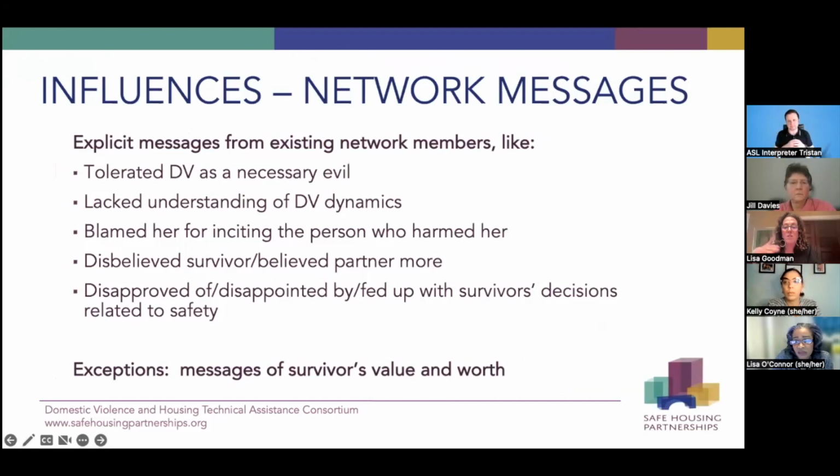A lot of survivors talked about, even if there was someone in their life, sometimes they didn't feel like they could reach out to that person because of various messages they received from their networks, like domestic violence is a necessary evil, the network lacking understanding of domestic violence dynamics, blaming them for inciting or provoking the violence themselves, as I mentioned, disbelieving them, or just being disapproving or fed up with their own decision-making.